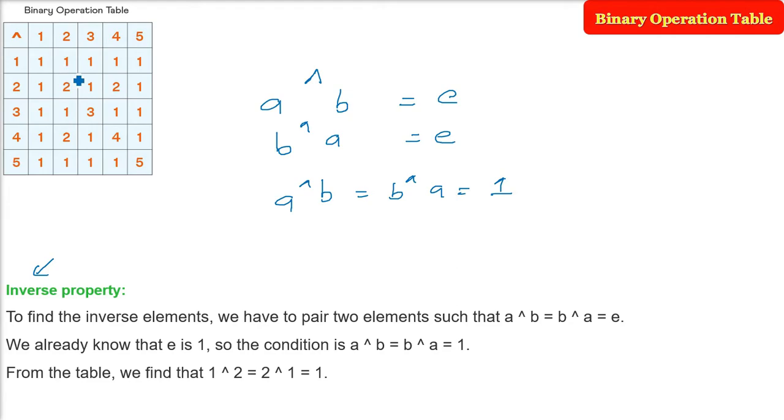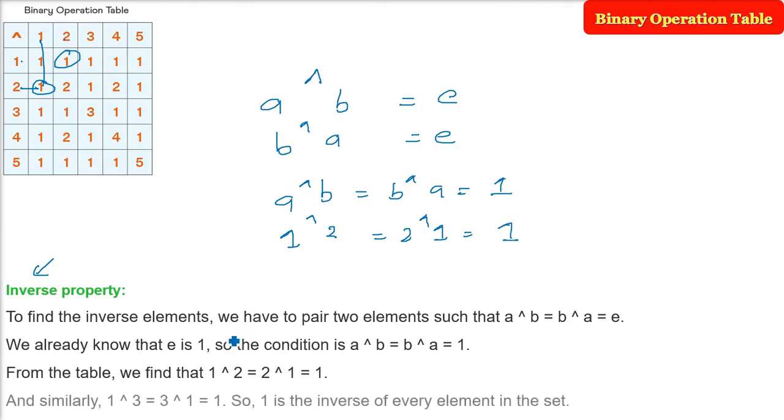So 1 cap 2, 2 cap 1. 1 cap 2 is what? 1. And 2 cap 1 is also 1. You see from the table, 1 cap 2 and 2 cap 1, they both are 1. That means 1 and 2 are the inverse of each other. You can also do 1 cap 3 and 3 cap 1. You'll also see that this will also give you 1. And you can go on like that to confirm that the inverse property holds, and 1 was the identity and inverse property holds here.